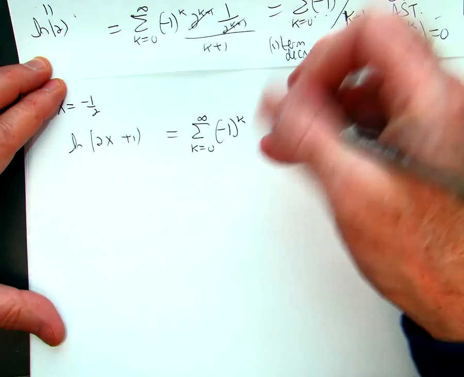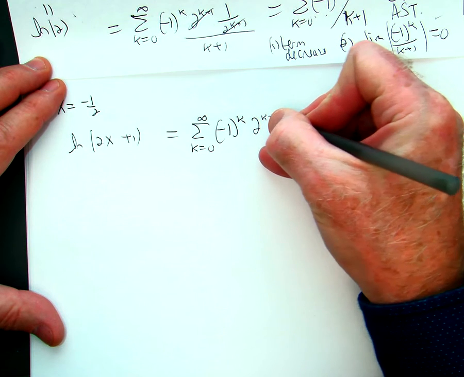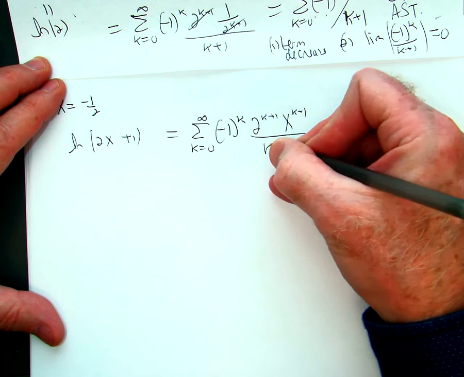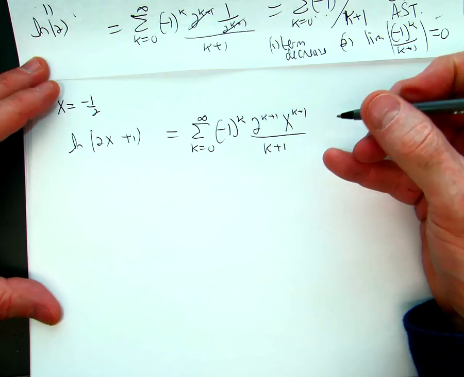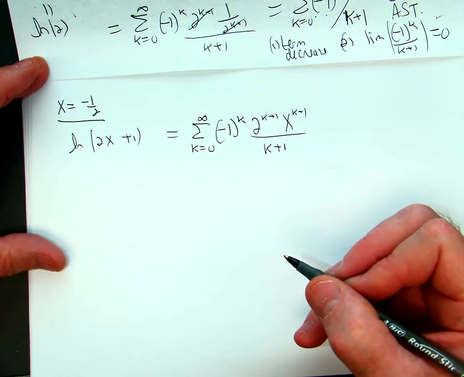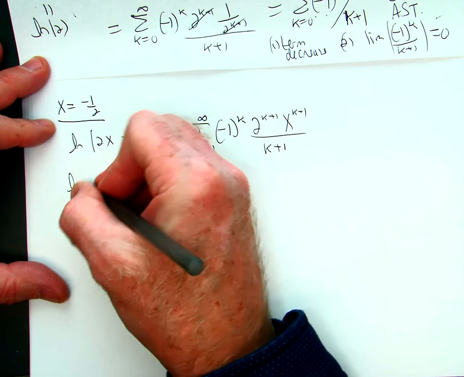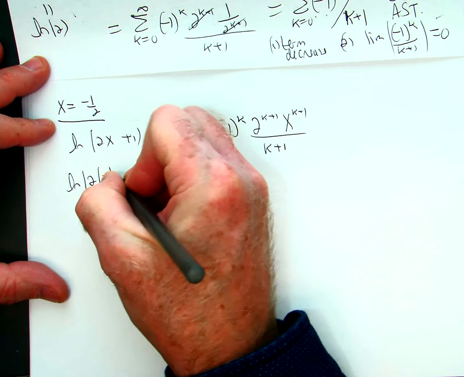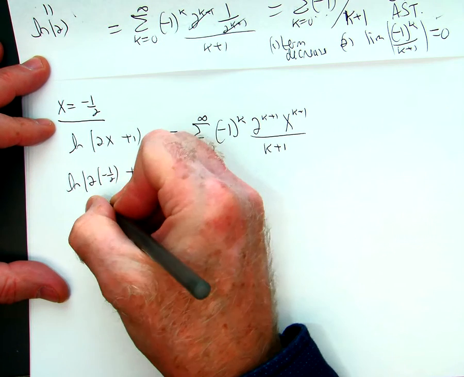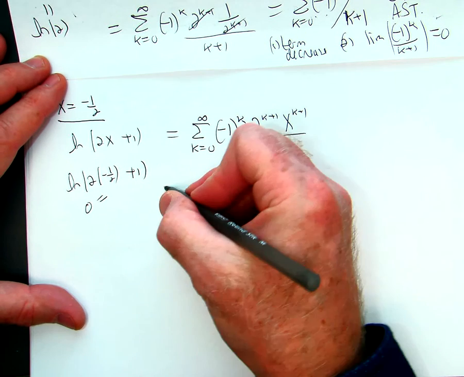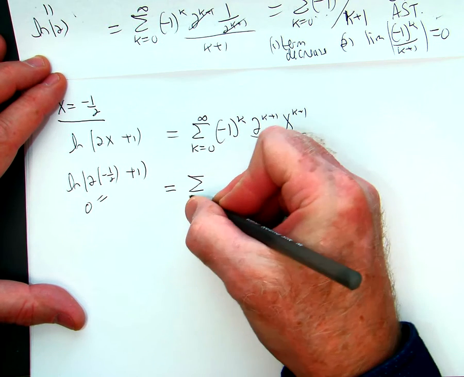It's 2 to the k plus 1, which is what I forgot in the last one, times x to the k plus 1 all over k plus 1. Remember, we're trying to see if it converges or diverges there, so I plug in x equals minus 1/2, and so I get the log of 2 times minus 1/2 plus 1. That's 0. The log of 0 doesn't exist.